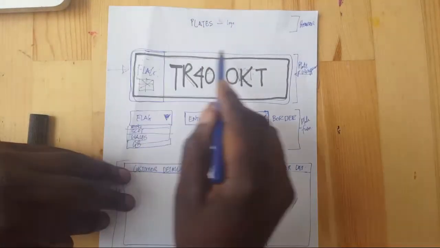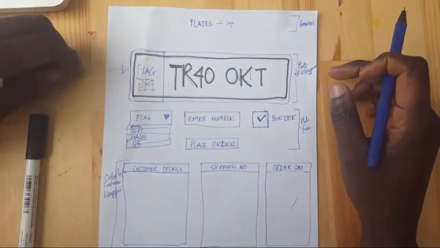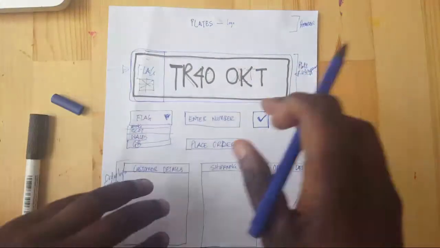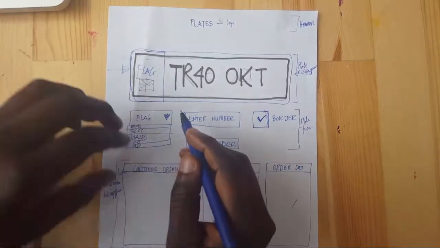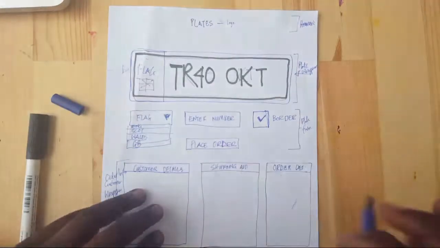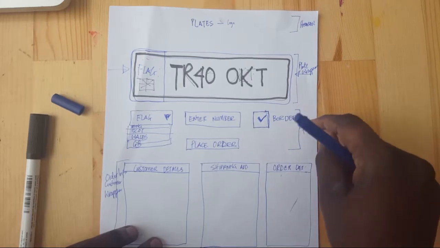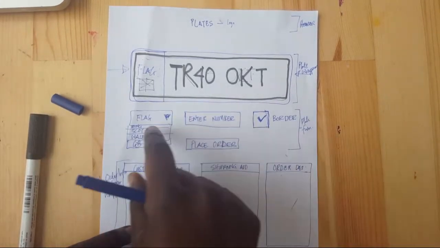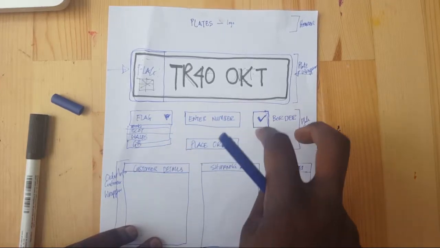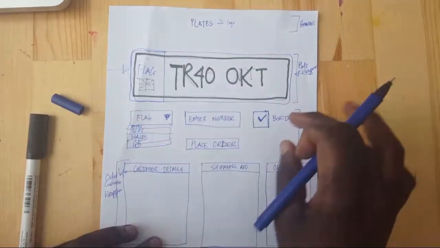Then we have our plate wrapper. It's basically a chunk of the page, a division of the page. Here it's running across in a row, like so. We have a row here and a row here, and we have another row running this way, but inside this row, which is a form, we have a form inside, and it is divided into columns, and inside the columns we have a row, so you have 3 columns in this row.